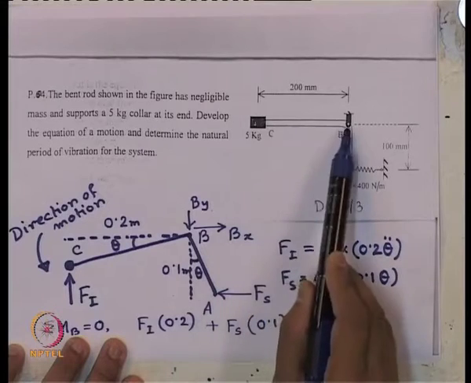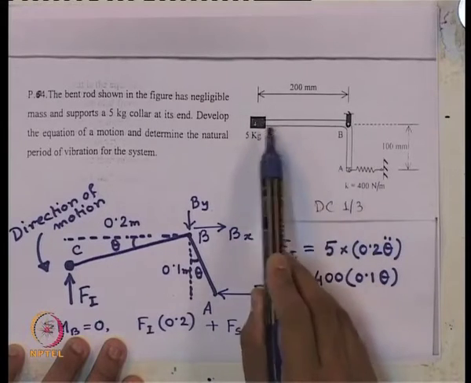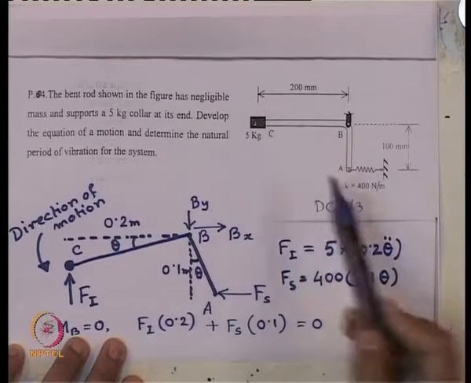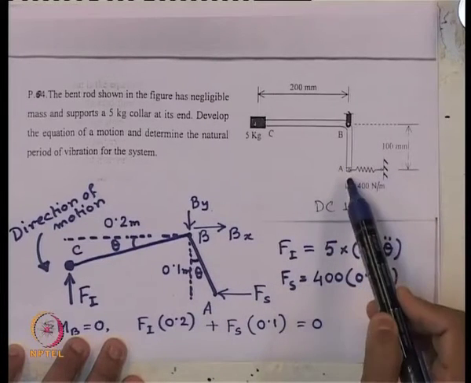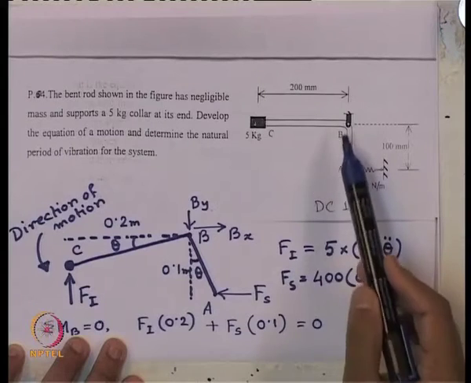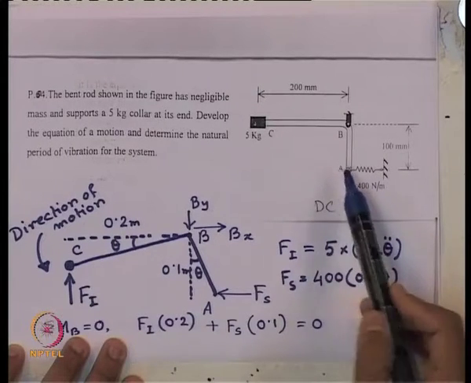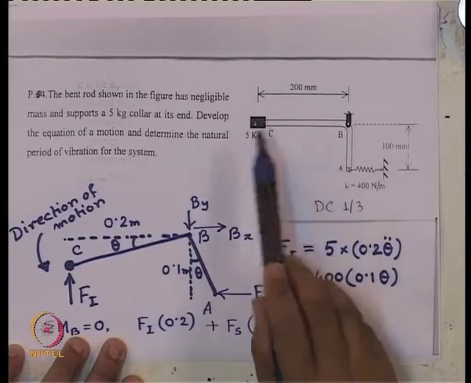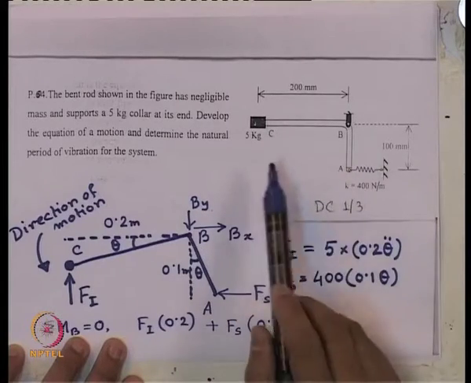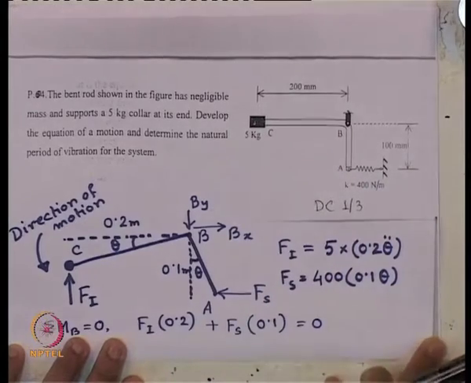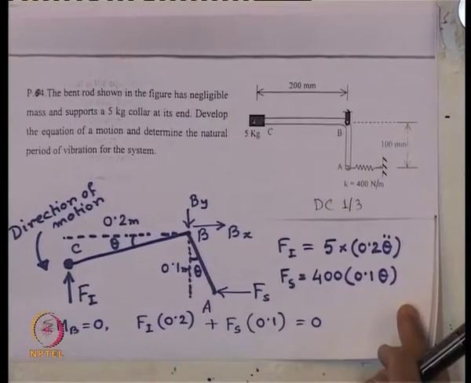So, of course, the length of rod BC will have a mass of 2 kg and the arm length of rod AB will have a mass of 1 kg. So, that way the 3 kg, if it is uniformly distributed, we can consider the corresponding mass of the sectors or bends of the rod.